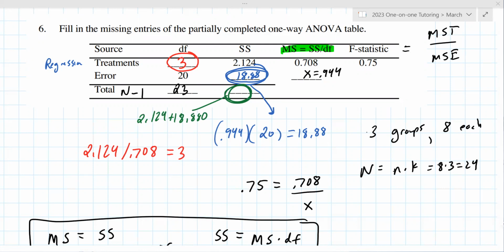Okay. Now there's a bit more to this that we saw in the problem in your practice exam. There was another little thing that it asked you to calculate.